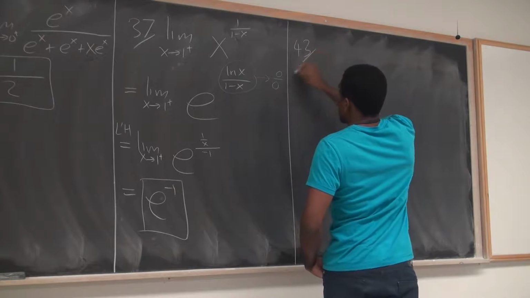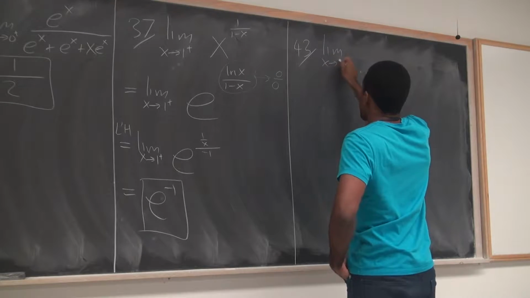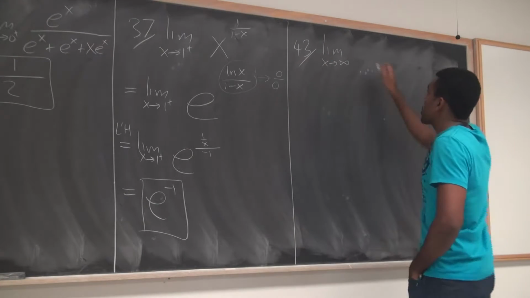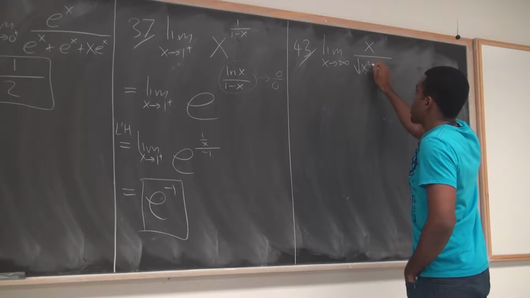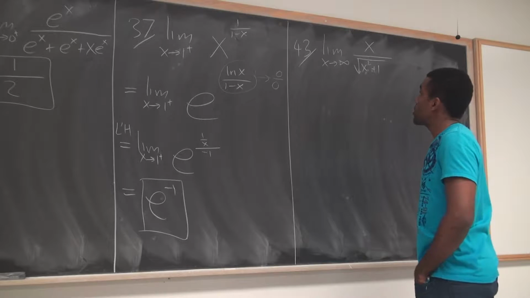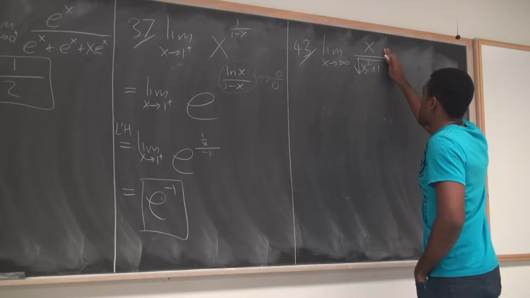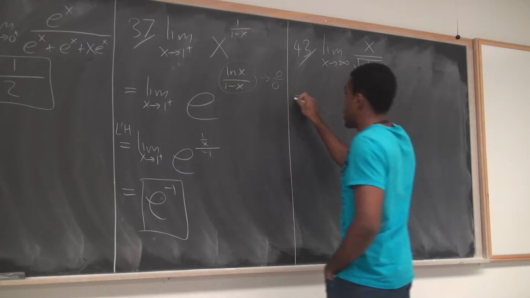Number 43. The limit as x approaches infinity of x over the square root of x squared plus 1. Like that? Yeah. Okay. There are actually several ways to do this, but which way did you try?